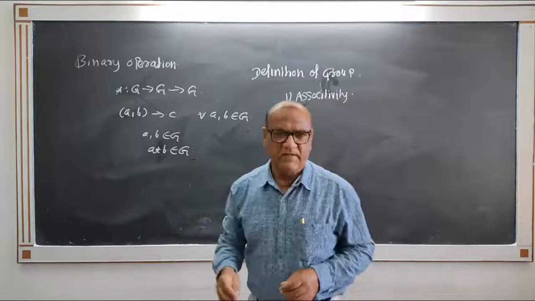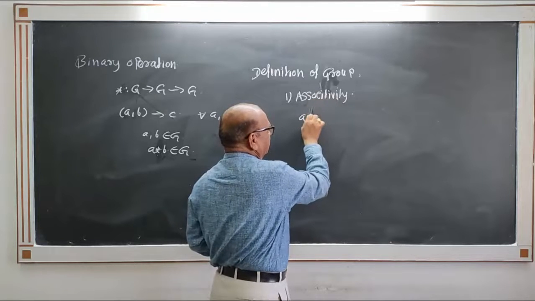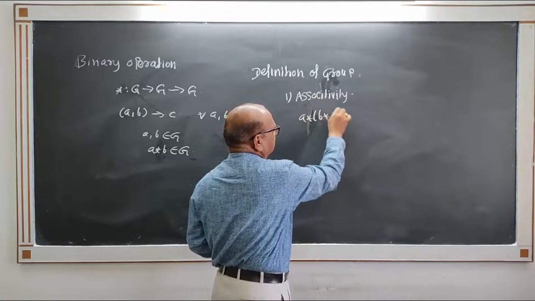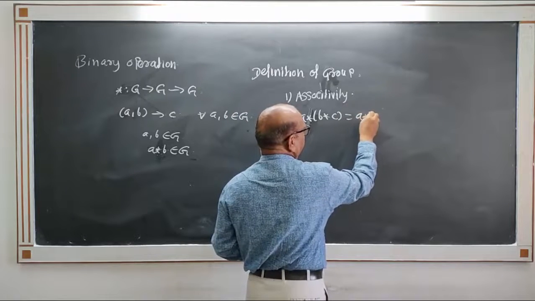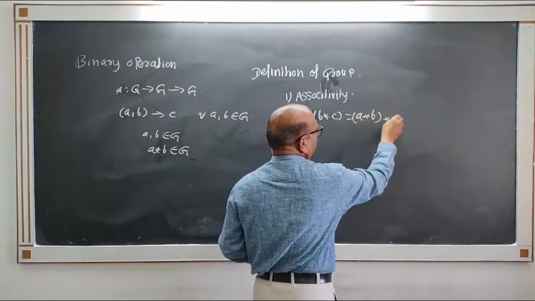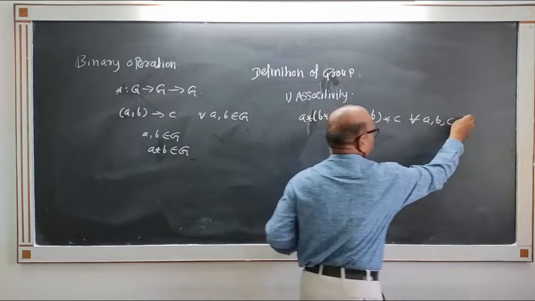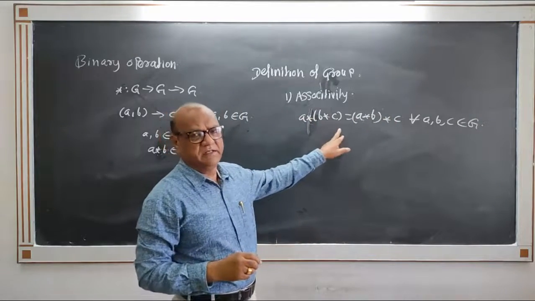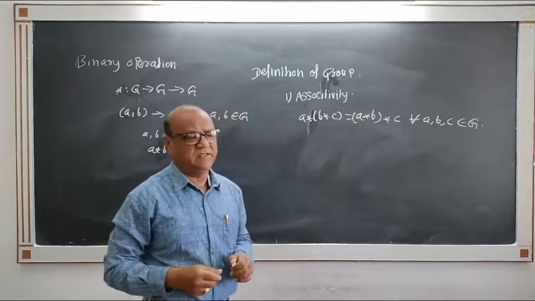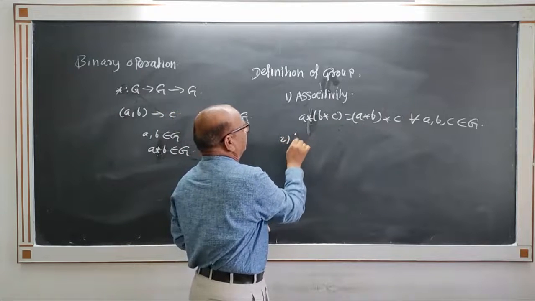That means A star B star C is equal to A star B out of bracket star C for all A, B, C belongs to G. Associative property satisfied in G. Second, identity.